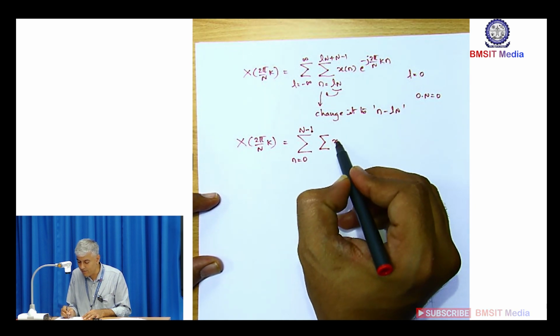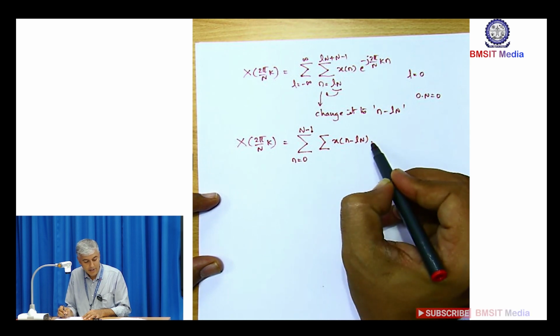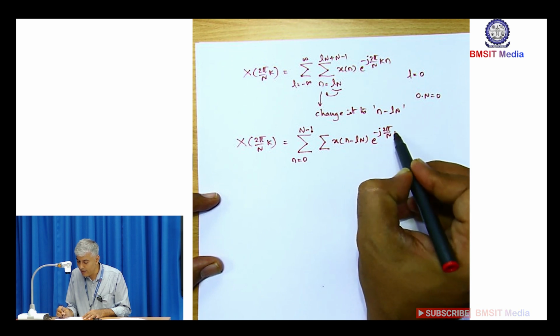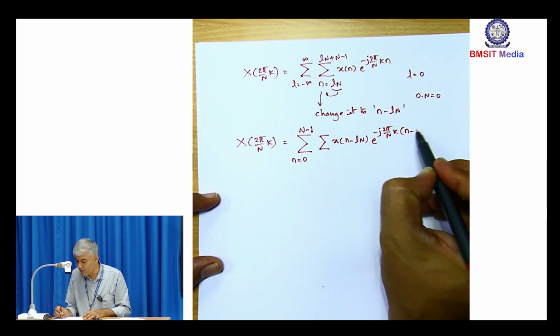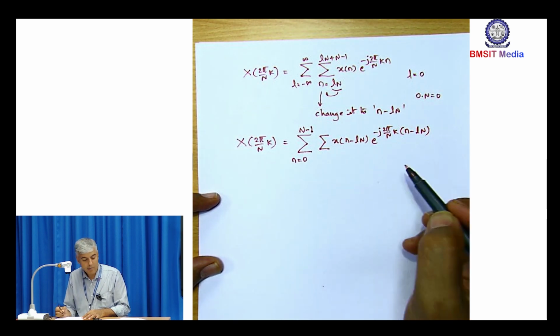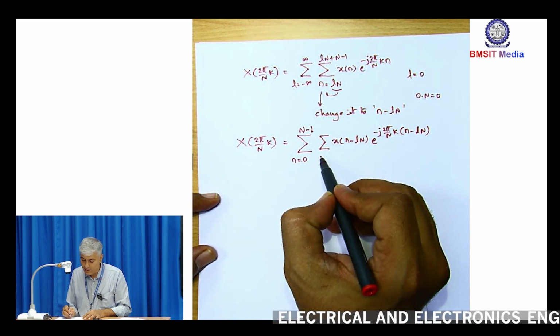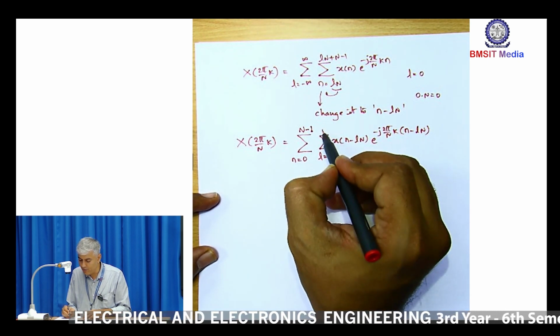So we had x of n, that becomes x of n minus lN, correct, and we get e raised to minus j 2 pi by N k. You can also observe there is one more n here, so that also I shall replace as n minus lN. Okay, and this inner summation will be L equal to minus infinity to plus infinity.